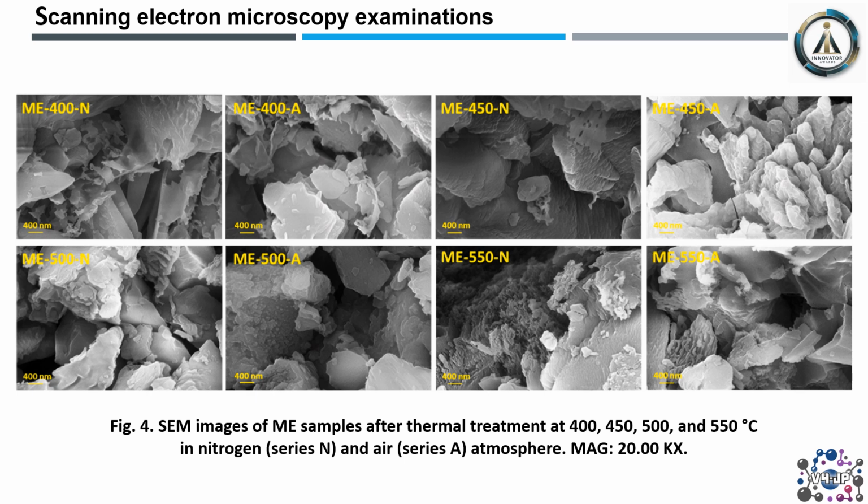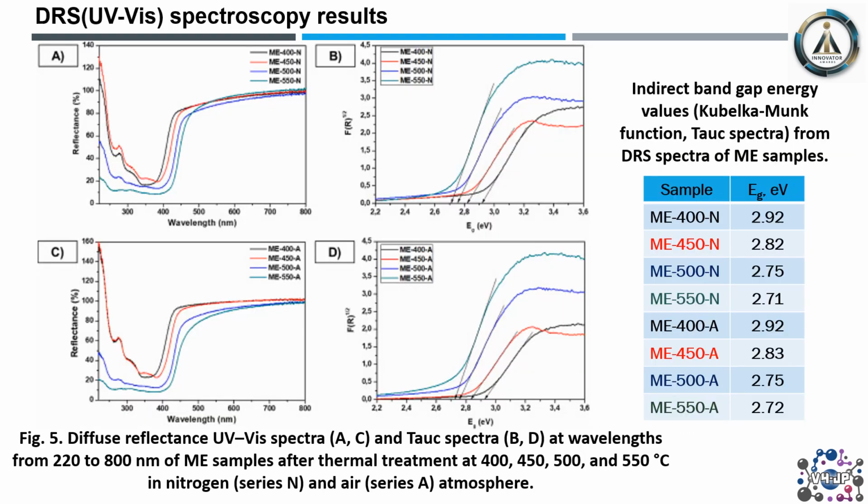A scanning electron microscopy technique was employed to examine the morphology of our samples prepared by thermal treatment at 400, 450, 500 and 550 degrees in nitrogen and in air atmospheres, and what we could see from these images. So basically, all the powders exhibited a layered structure and tendency to agglomerate.